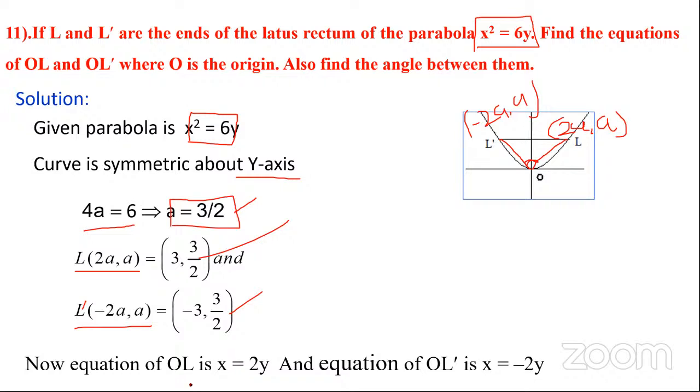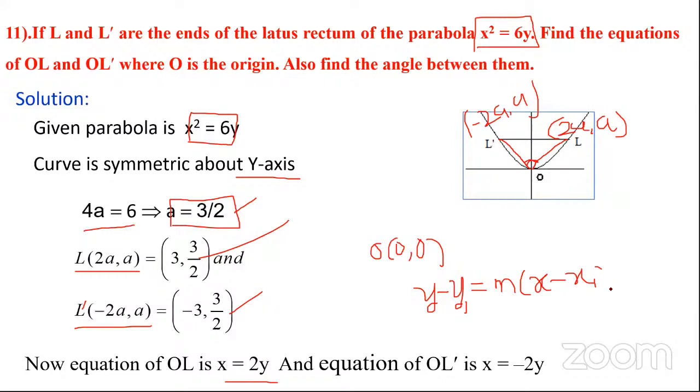Then we have to find the equations of these lines. The equation of OL is x equal to 2y, and OL dash is x equal to minus 2y. Here O is (0, 0), so to find the equations we use y minus y1 equal to m times (x minus x1).